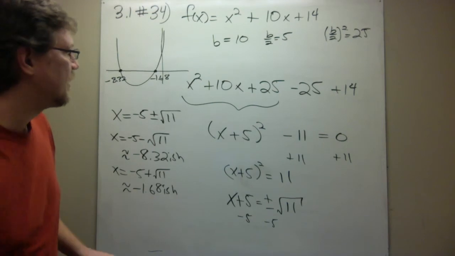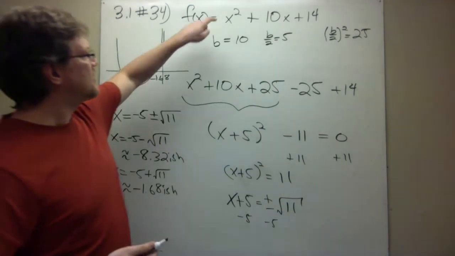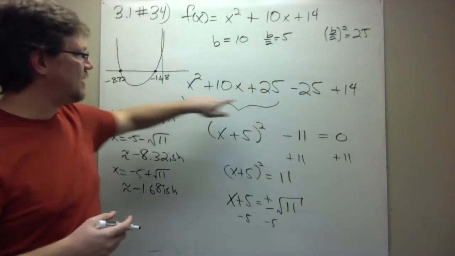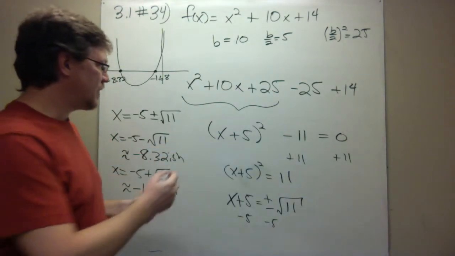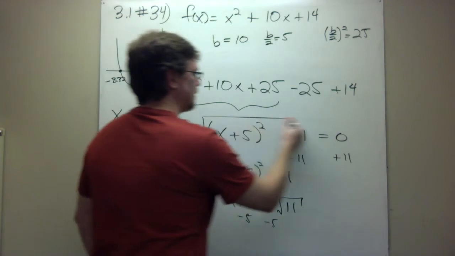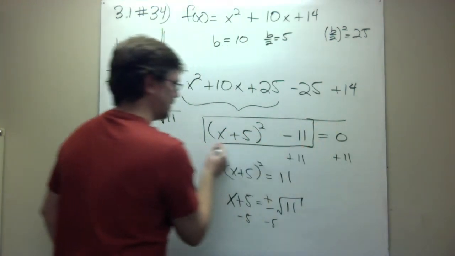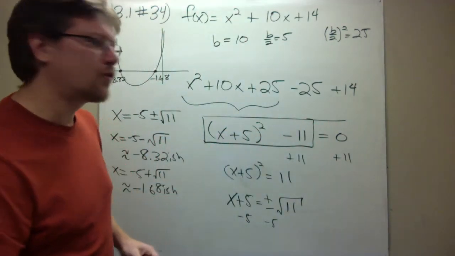Okay? All right. Now, I don't want to erase all of this information, because this quadratic is the same as this expression. But this expression has the proper form that I'm looking for.